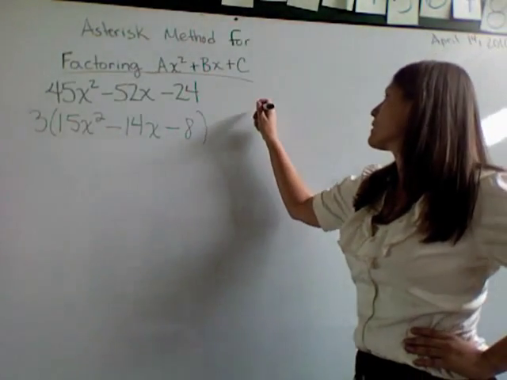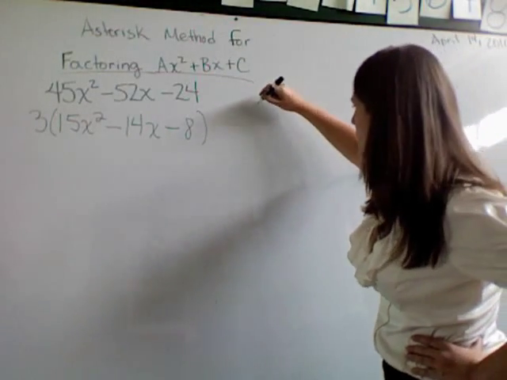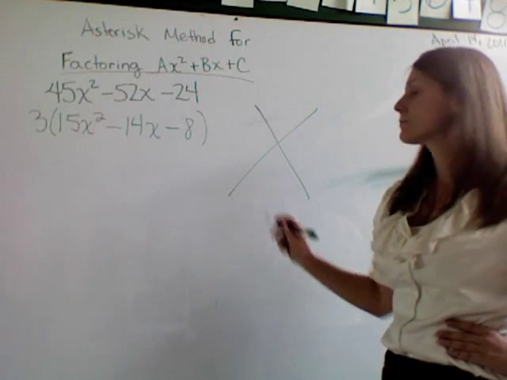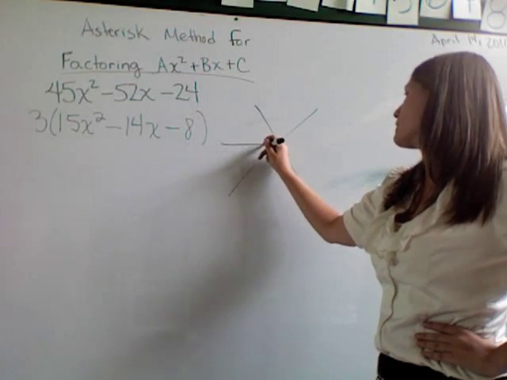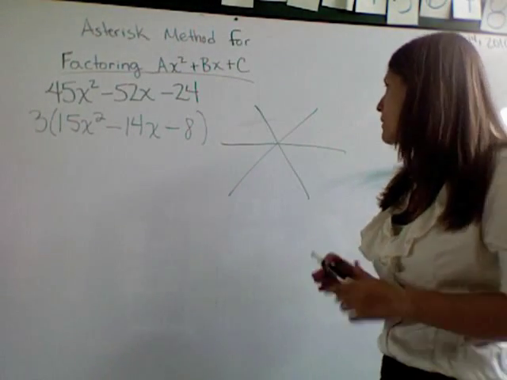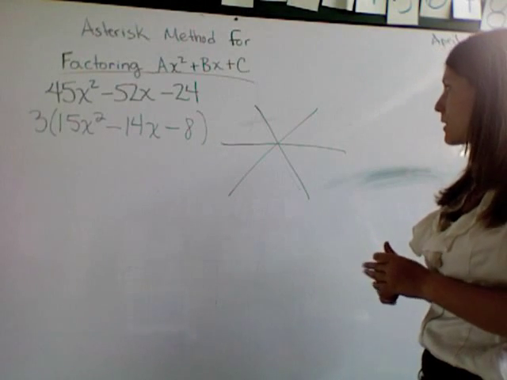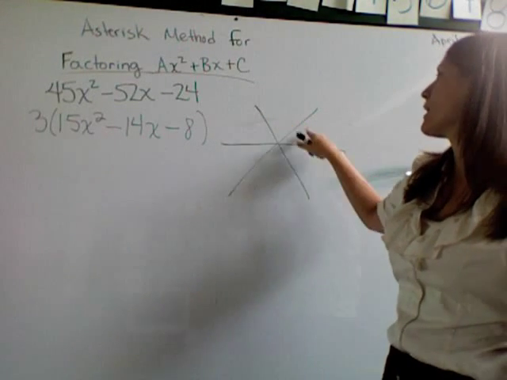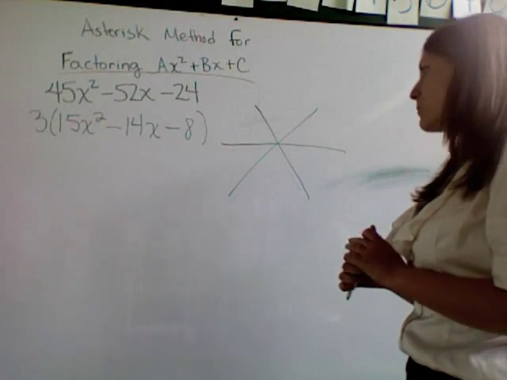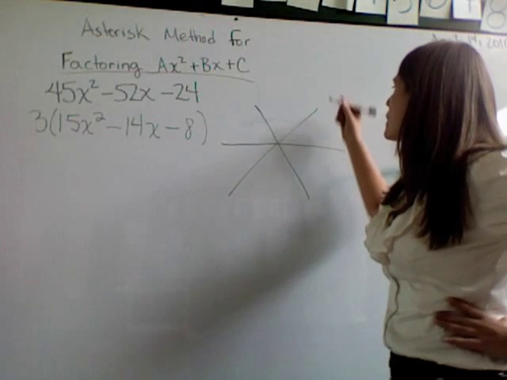What you need to do is draw an X, and then put one more line in that X, horizontal through the center. And that's what I'm going to call the asterisk. Now, each spot in your asterisk has something unique that you need to put in it, and you need to remember what goes where.